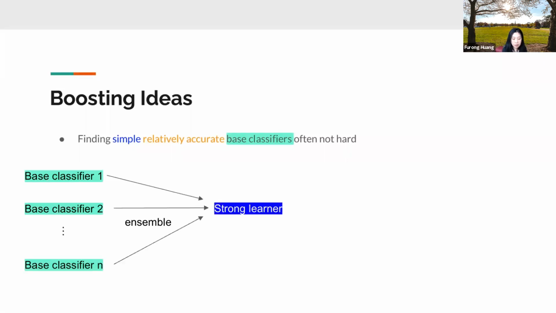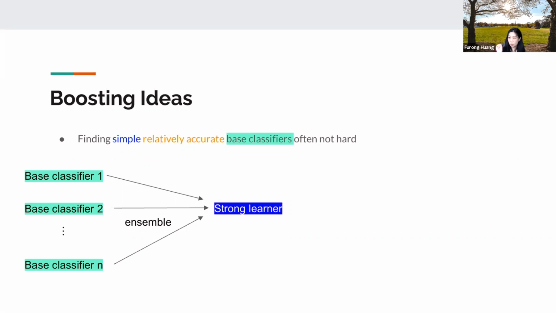So, you have a bunch of base classifiers, 1, 2, all the way up to n. Well, you somehow have a smart way of ensembling them. I wanted to emphasize that we will see this is not a trivial ensemble. We have a way of smartly combining them. A trivial ensemble doesn't necessarily induce good empirical performance or good theoretical results.